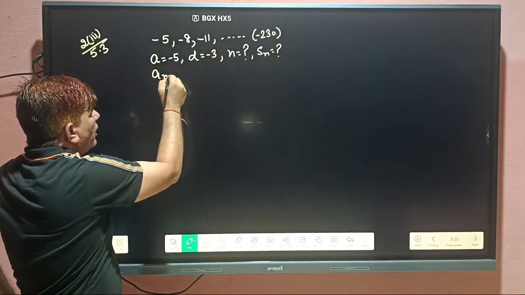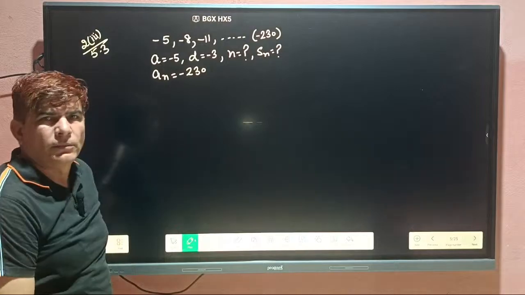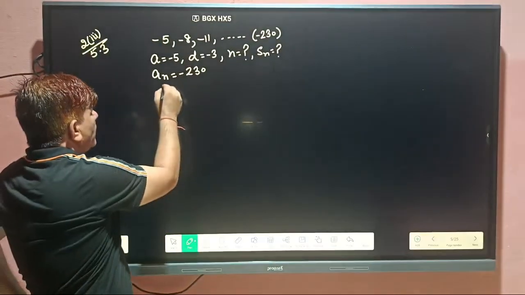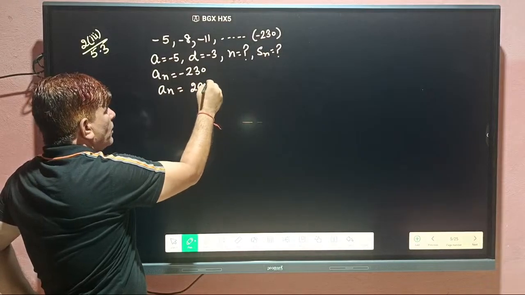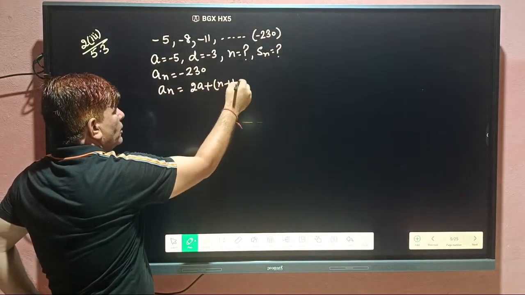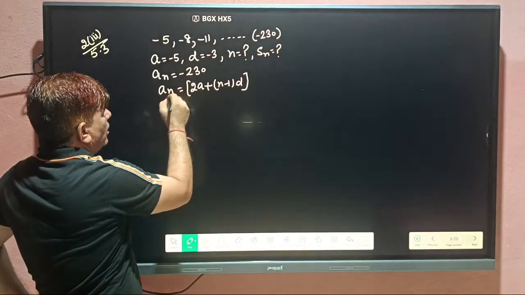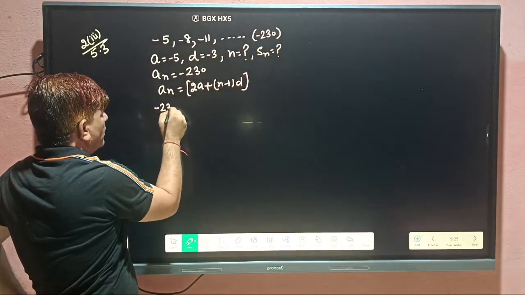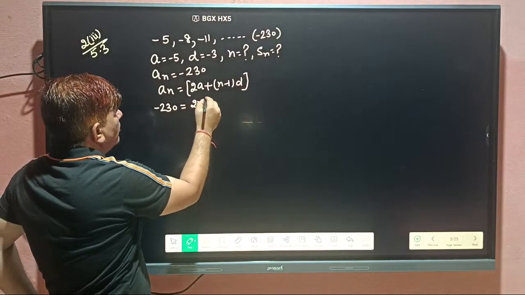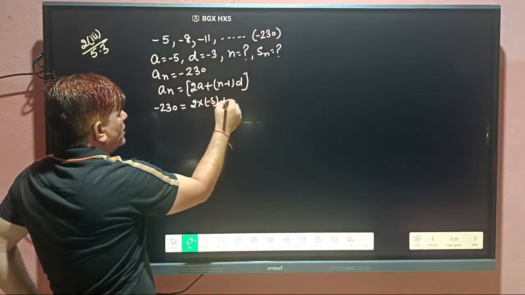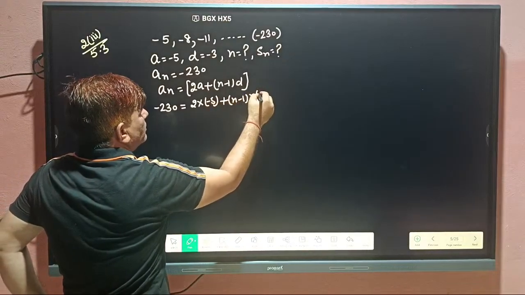We know: a_n equal to minus 230. So we can apply this formula: a_n equal to a plus (n minus 1) into d. Minus 230 equal to minus 5 plus (n minus 1) into d. What is d? Minus 3.